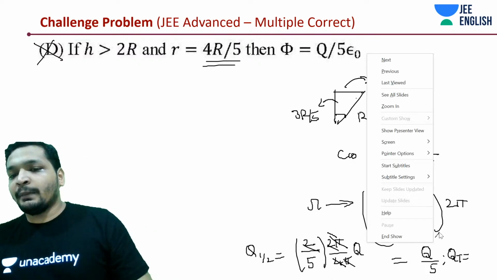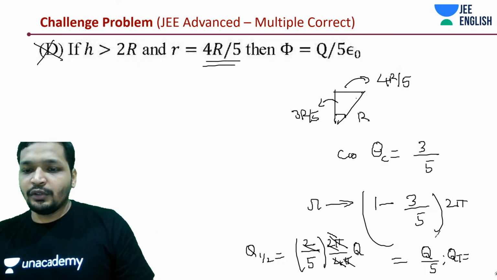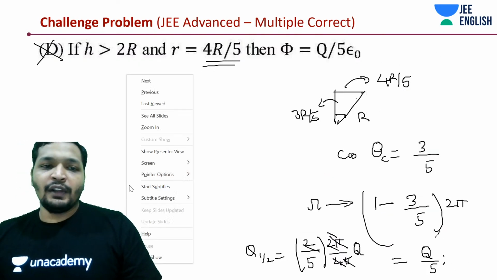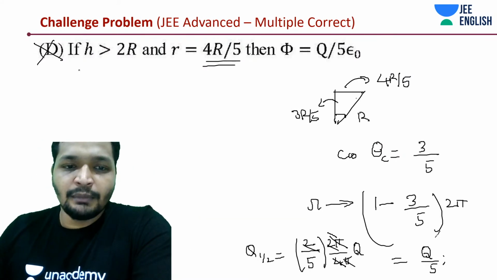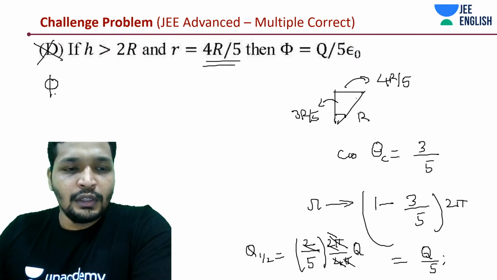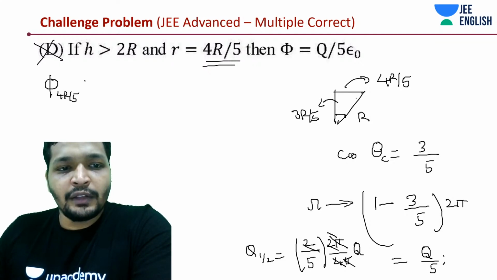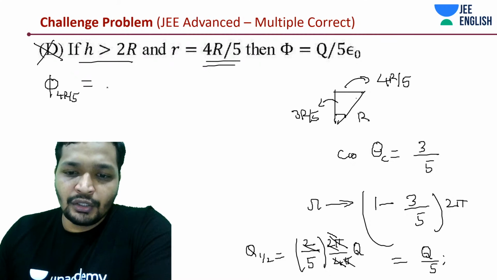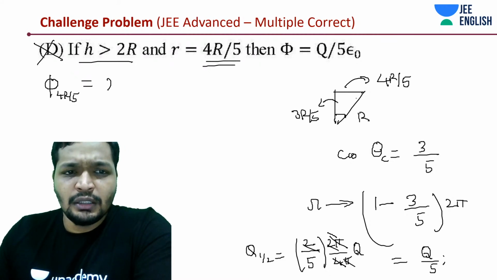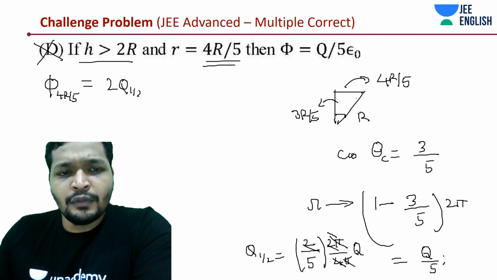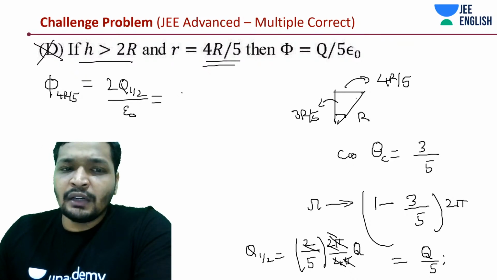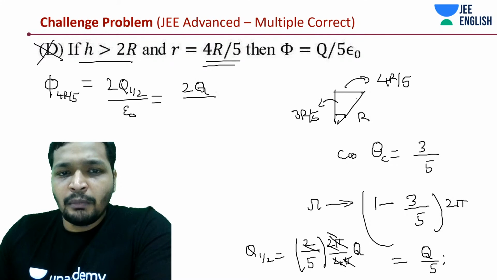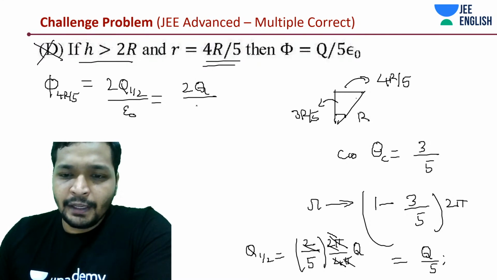The flux, I'm going to call this 4R by 5, including the limiting condition, and H is greater than R, so you would have to actually not find it out but do it. 2 into Q half divided by epsilon naught. So that way it's going to be 2Q by 5 epsilon naught.